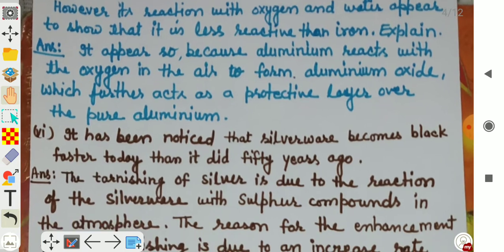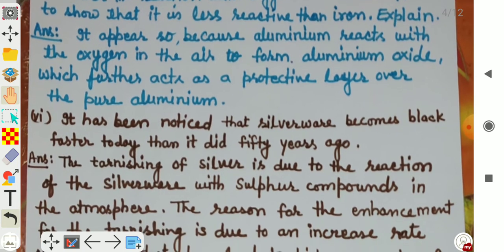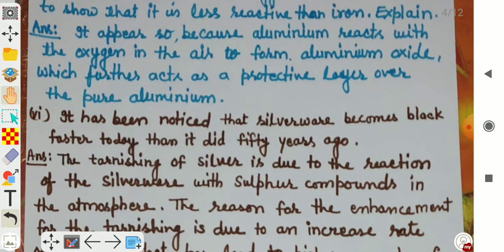Explain why it is so. Answer: it appears so because aluminum reacts with oxygen in the air to form aluminum oxide, and a layer of aluminum oxide covers the aluminum, which further acts as a protective layer over the pure aluminum.